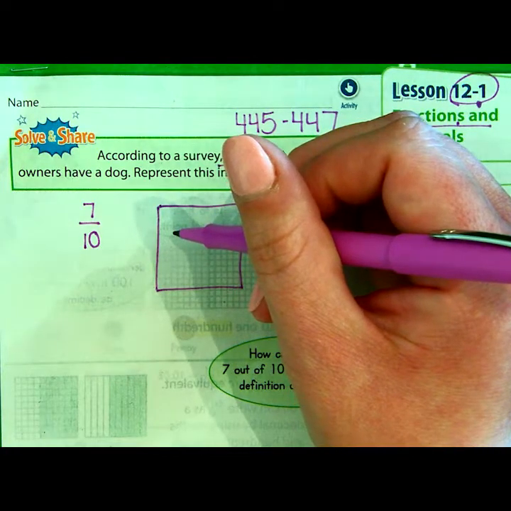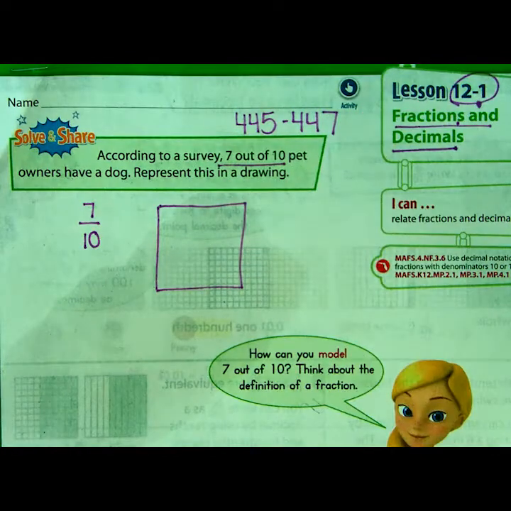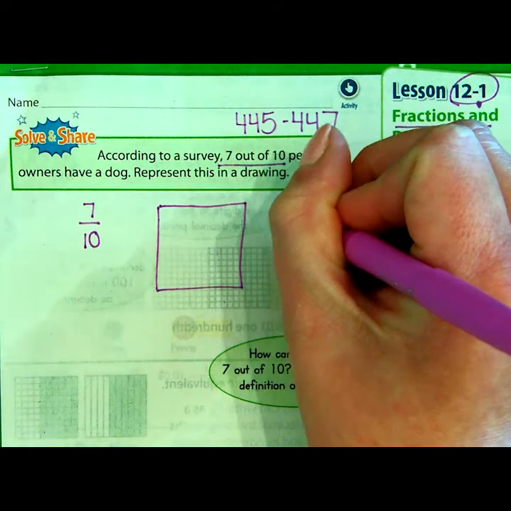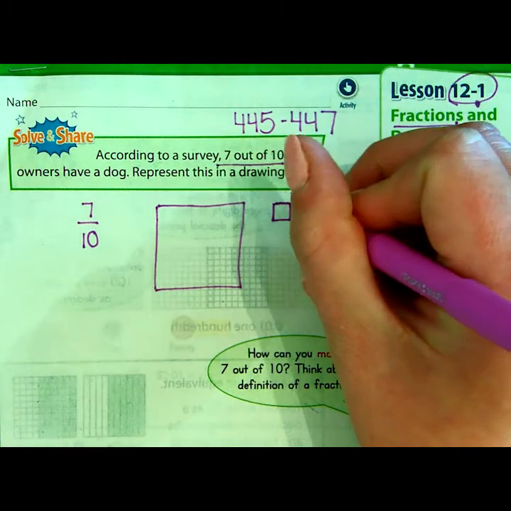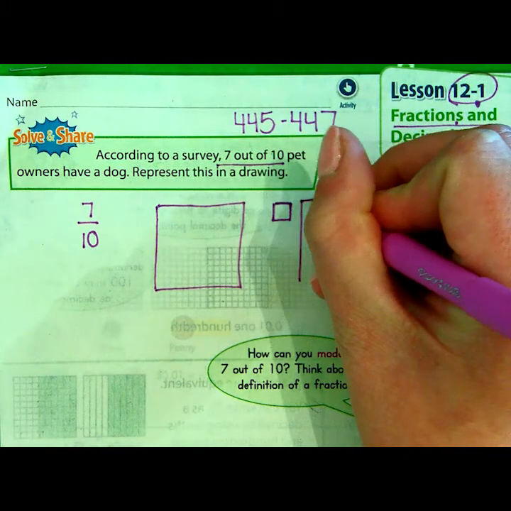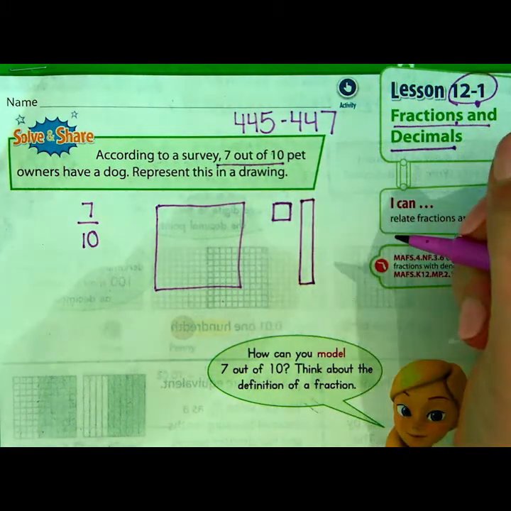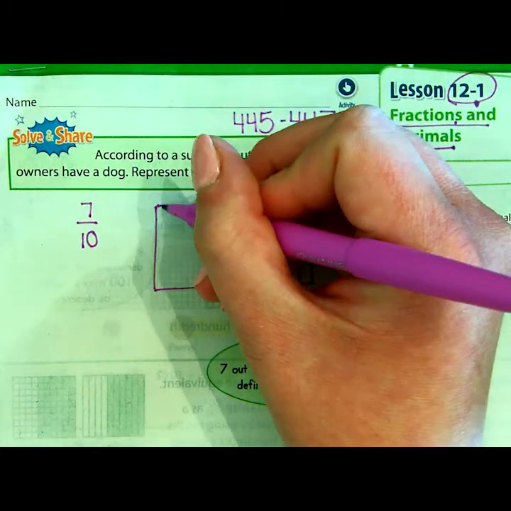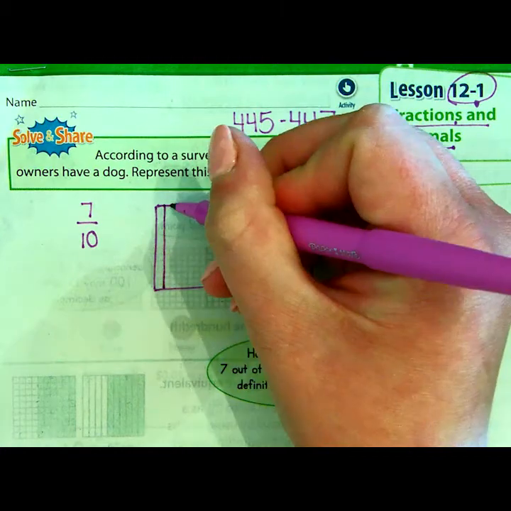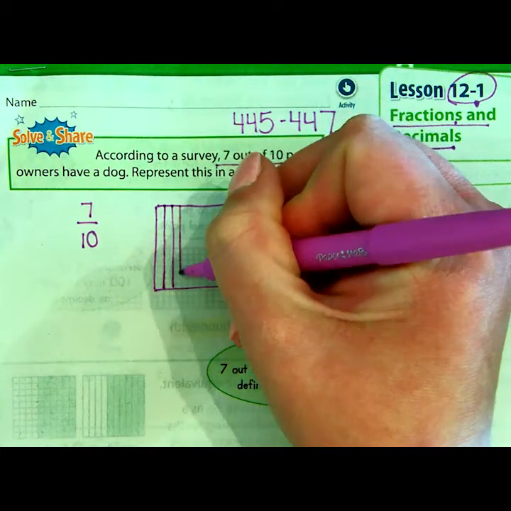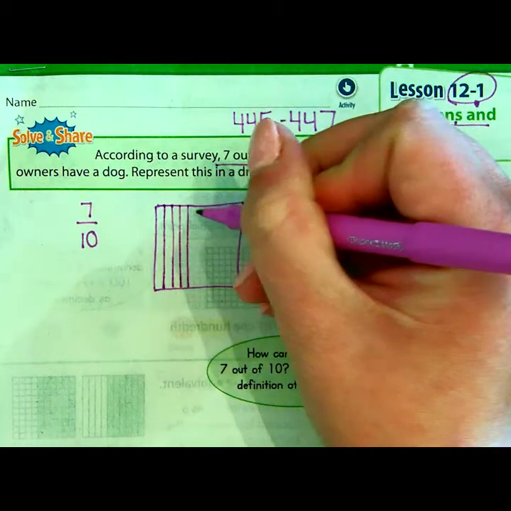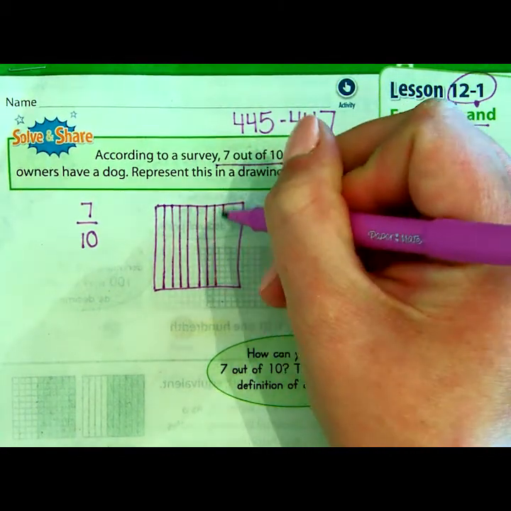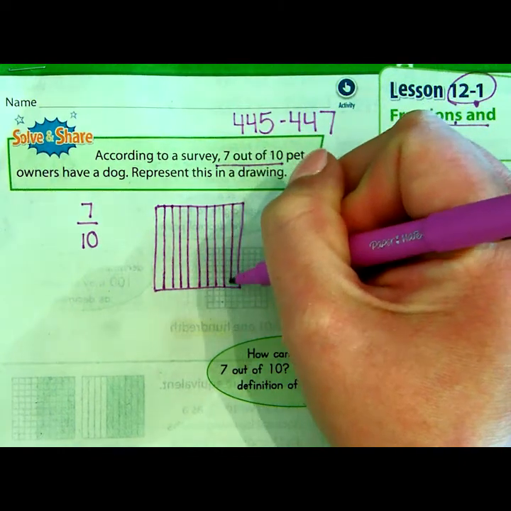Or I have single units, or I have tens. So when I think of tenths, what I'm thinking of here are those tens: 1, 2, 3, 4, 5, 6, 7, 8, 9, and 10.